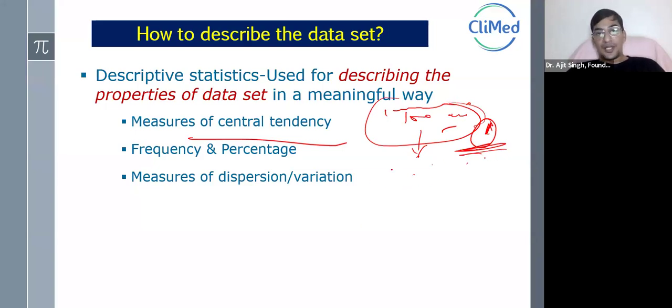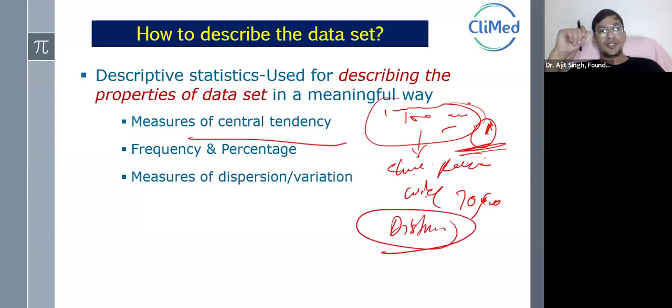You'll tell, okay, my class has passed with 70% marks or distinction marks. Simple, done. You have described your class result in one line. My class has passed with distinction marks.